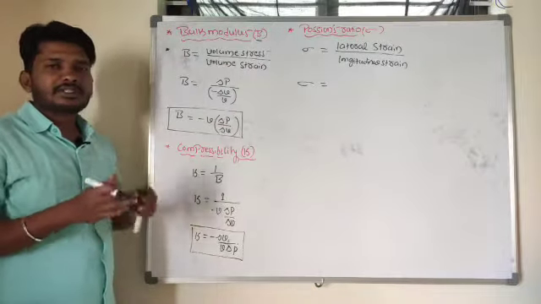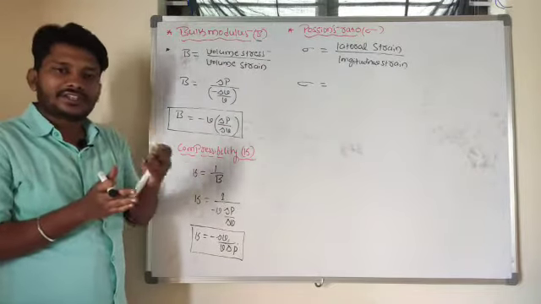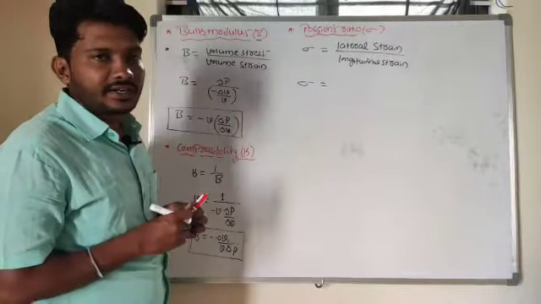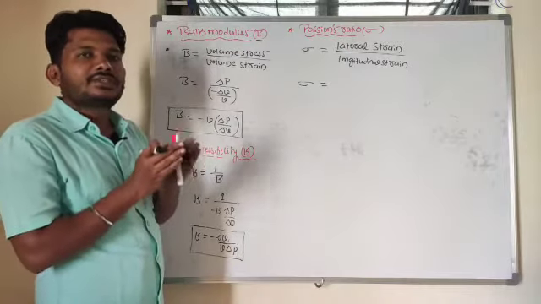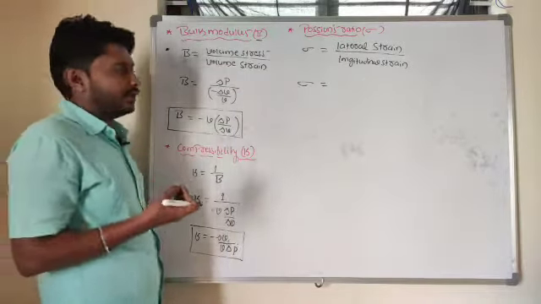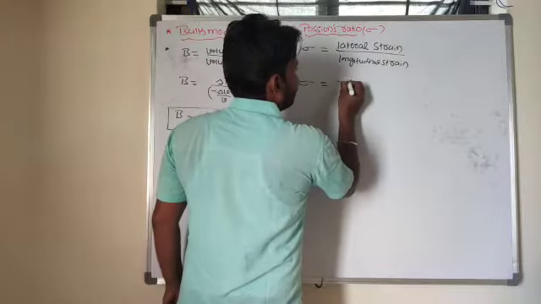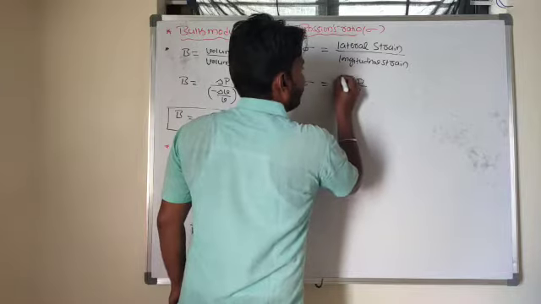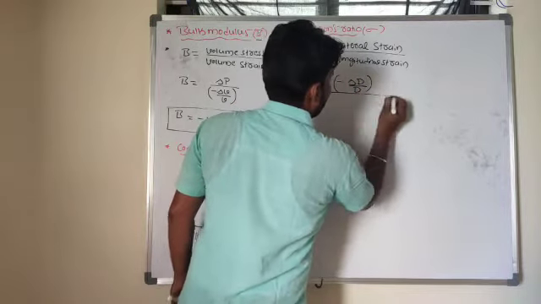Lateral strain means the change in diameter to the original diameter, or the change in radius to the original radius. So change in diameter means delta D divided by the original diameter.